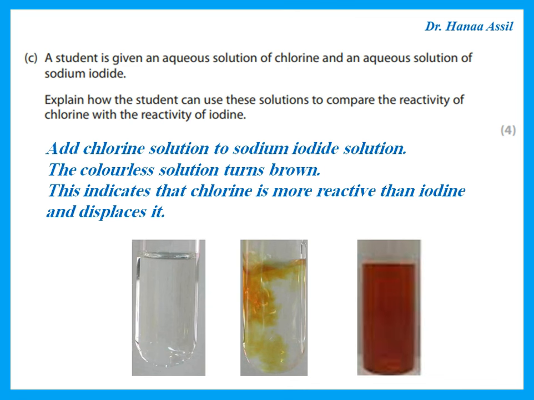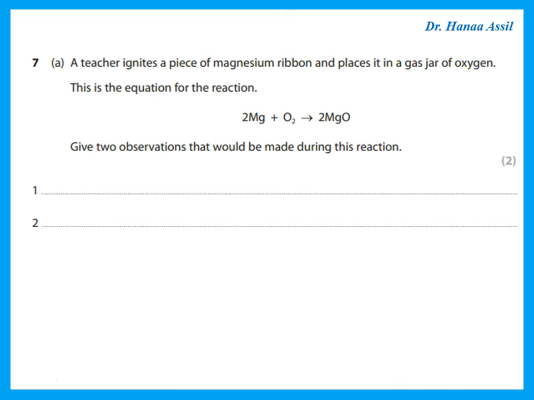So when you have this kind of question, you add the chlorine solution to sodium iodide. You should know that sodium iodide originally is a colorless solution. But when you add chlorine, it reacts with the sodium iodide to give iodine. Remember that iodine in solution is brown, so the colorless solution turns brown, and this indicates that chlorine is more reactive than iodine and was able to displace it.